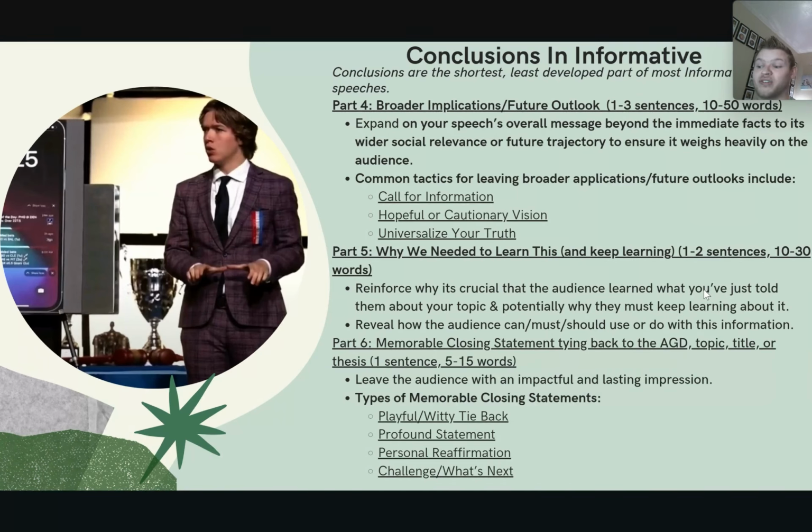You could finish with a profound statement, a powerful, deep, inspiring statement about your topic's deeper meaning for life. You could talk about a personal reaffirmation, what you've taken away or learned from the topic in life. Or you could offer a challenge or talk about what's next, a final invitation or instruction for the audience's response or what they should think next.